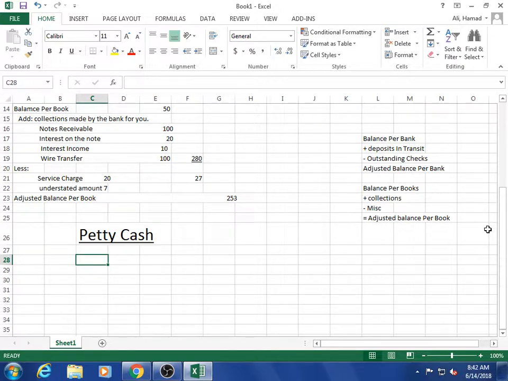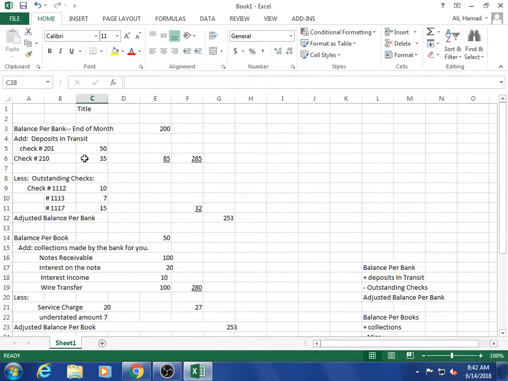Like I said, in real life you will have an Excel spreadsheet. Every time you fill up something here, the two adjusted balances will show up immediately, and then you keep doing until they are equal. There are formulas to be set up.